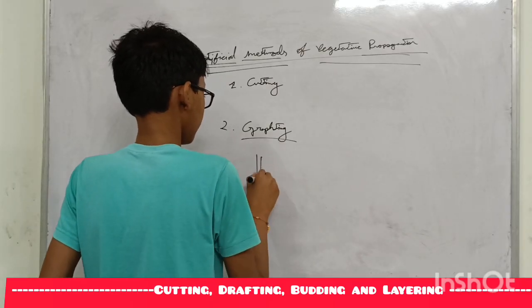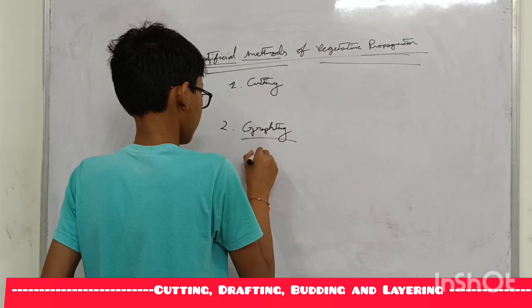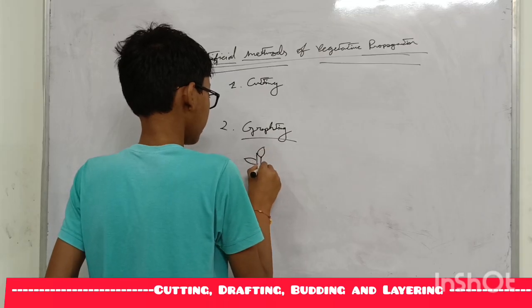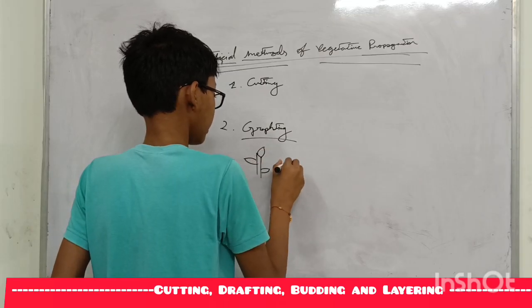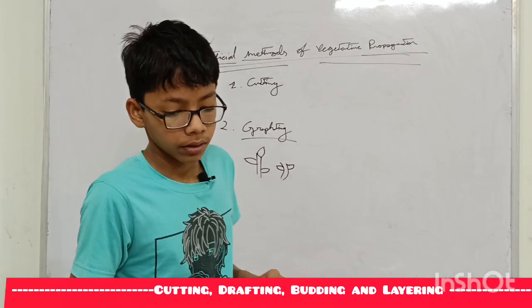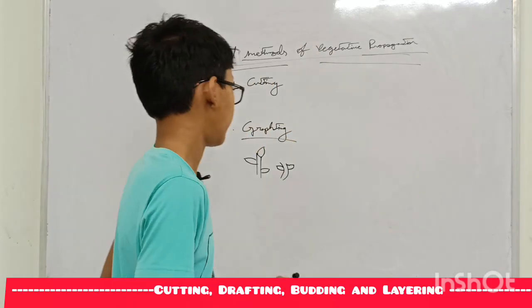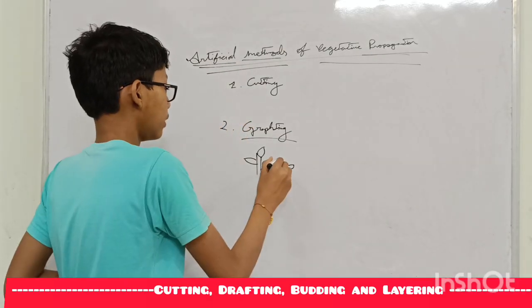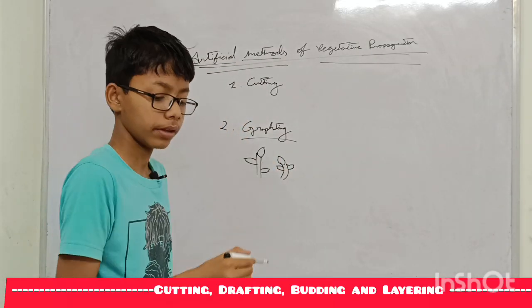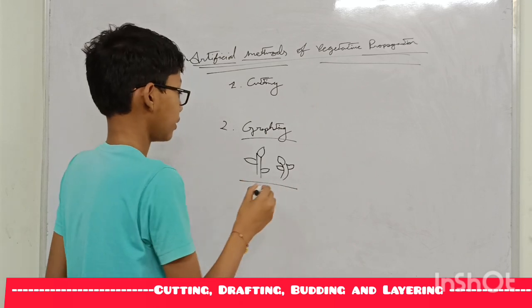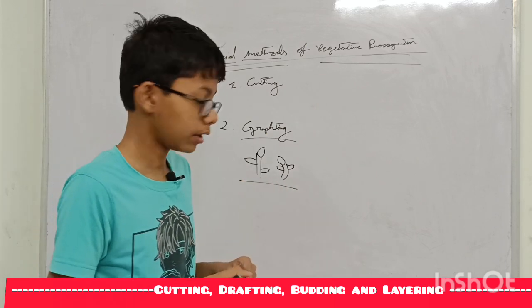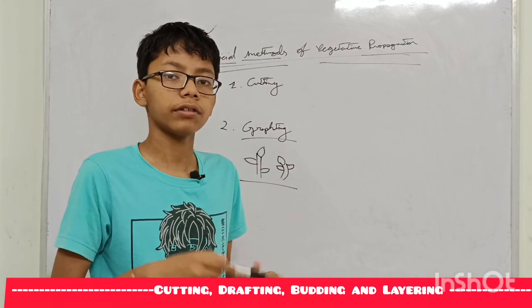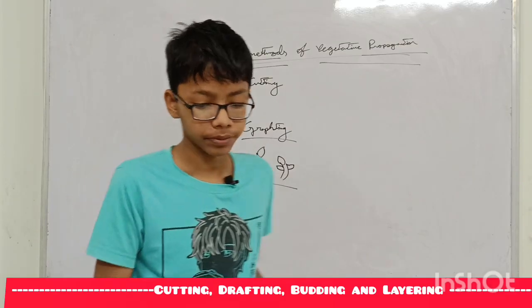This process requires two plants that have closely related varieties. These are plants that are not exactly the same, but they are still related. So grafting is used on two plants which are closely related, but not the same.